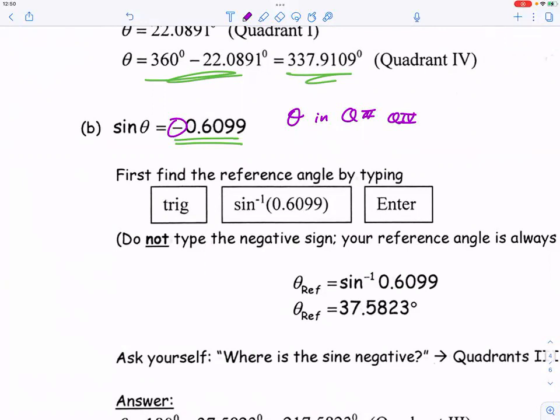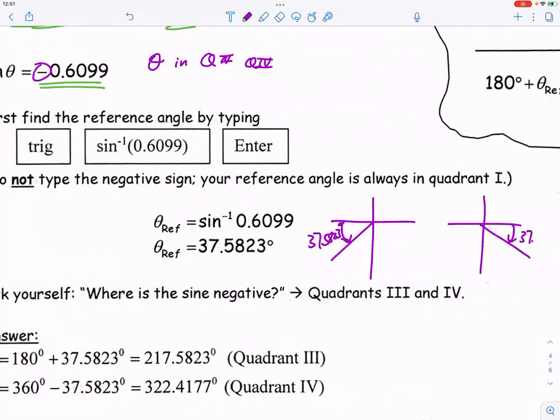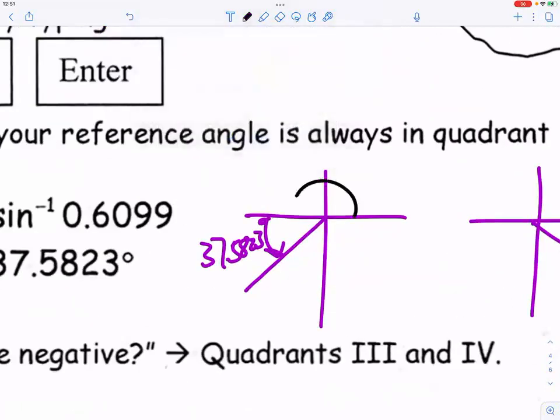Okay. So we find the reference angle, which is an angle that's between 0 and 90. So you get 37.5823 degrees, and that's your reference angle. And since you know it is in quadrant 3 and quadrant 4, well, if you draw the picture, quadrant 3, and quadrant 4, how do you get this angle?